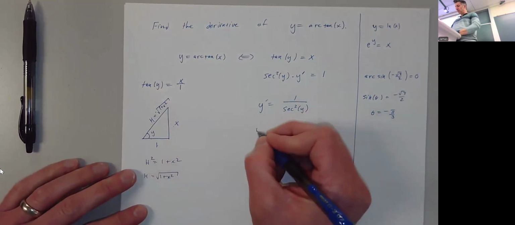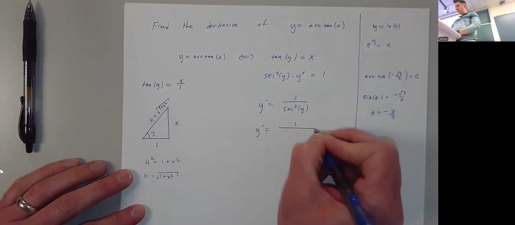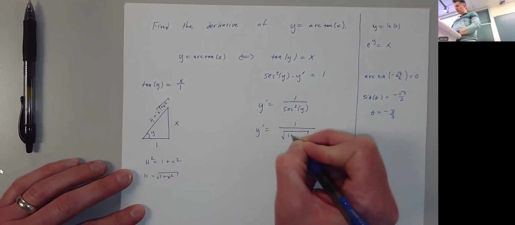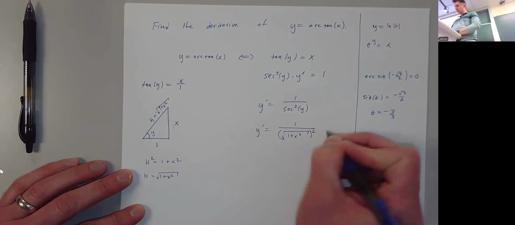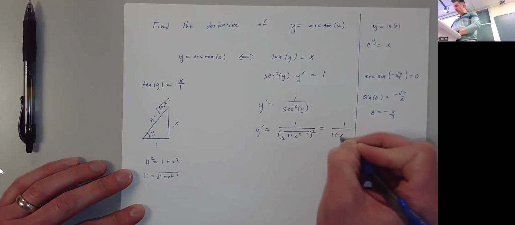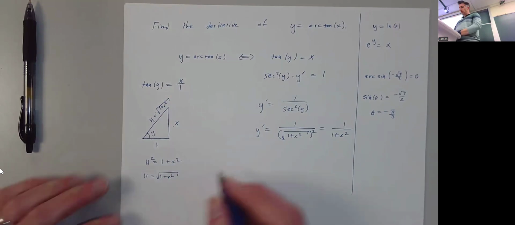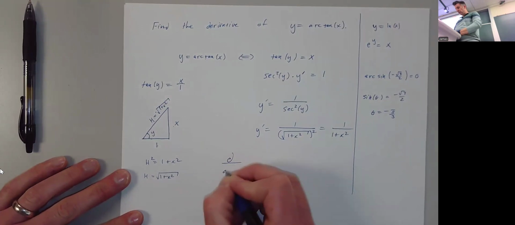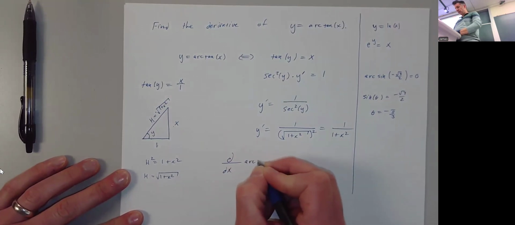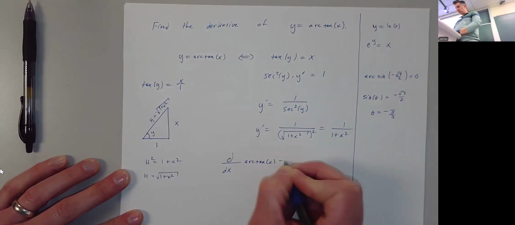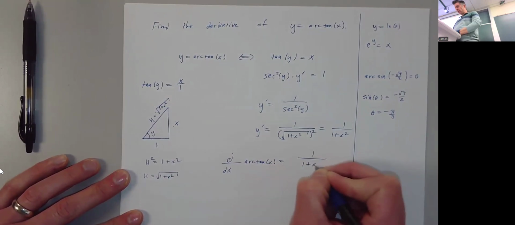So our y prime here is going to equal 1 over the square root of 1 plus x squared, squared, which is 1 over 1 plus x squared. And that is the derivative of the arctangent function. So it is very true that the derivative of the arctangent of x is equal to 1 over 1 plus x squared.